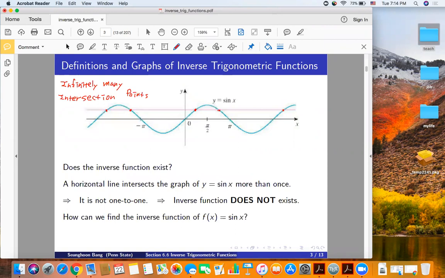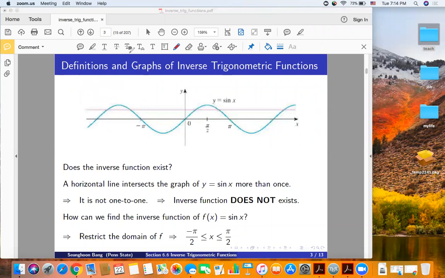How can you find the inverse function of f of x equals sine of x? Restrict the domain. We can restrict the domain like this, from here to here, so this is negative pi over 2 to pi over 2. So we have an inverse function on the restricted domain.